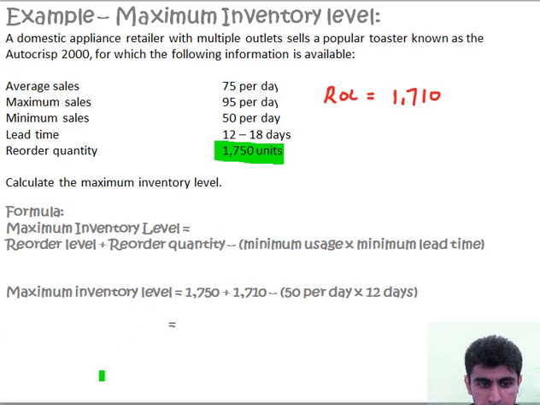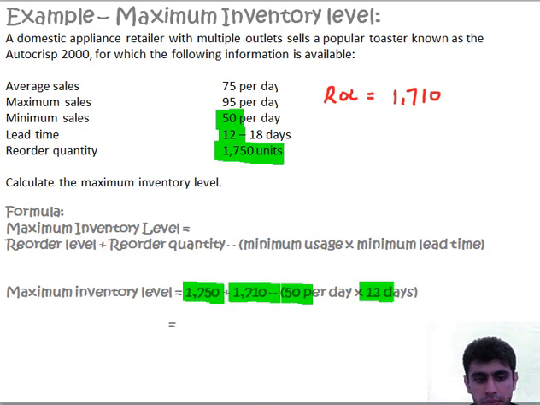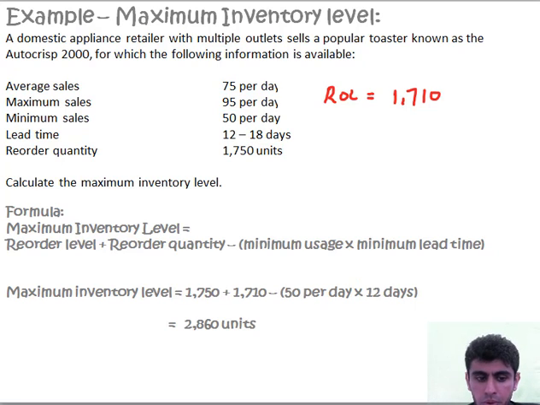Minus minimum usage: minimum usage is minimum sales, which is 50 units per day, and minimum lead time is 12. So 50 times 12 is minimum usage times minimum lead time. If you do the calculation, we'll come up with the answer of 2860 units. So that's the maximum amount of units business should hold at any given time. The stock should not exceed 2860 units. So that's your maximum inventory level.